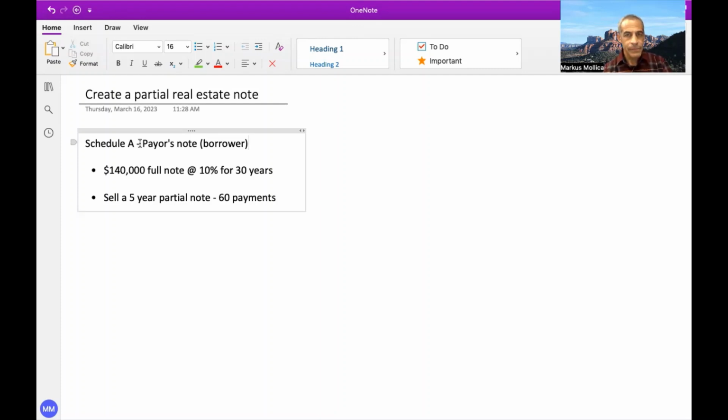You have what's called Schedule A, which is the payor's note, or what the borrower is actually paying. So we sell a property, create a note, sometimes two notes, and that would be what's called Schedule A. That's what that borrower is paying. It's got an interest rate on that note that they're paying.